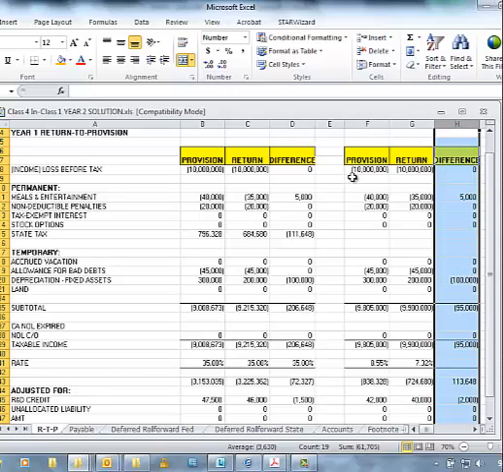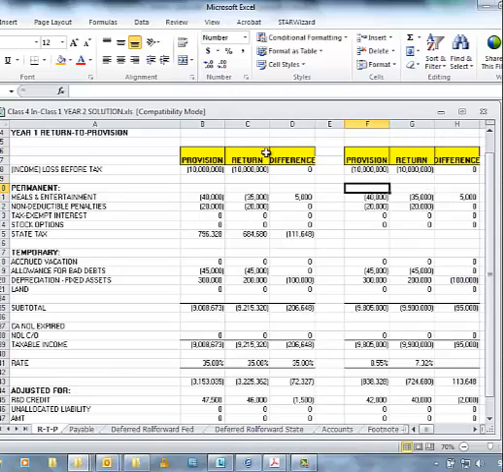So on the right-hand side of the schedule is the state, and then on the left-hand side is the federal. So let's worry about state. Okay? Book income, the same. Meals and entertainment, slightly different. The add back for meals and entertainment was less. Right? So we had less of a bad guy as part of the return to provision comparison.